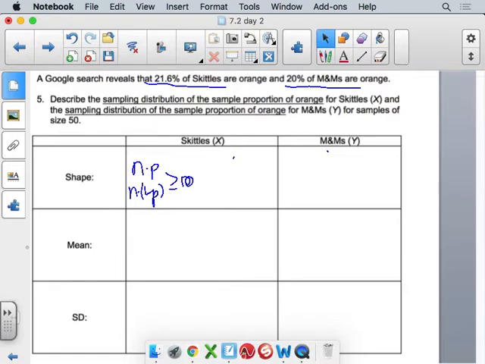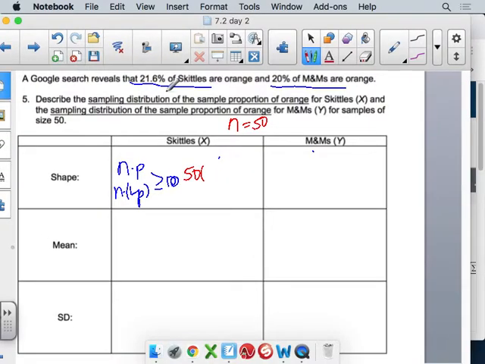But okay, let's check, is this normal? So you've got n, we're doing our sample of 50 Skittles, 50 M&Ms. So 50 times 0.216, and 50 times 0.784, yep.